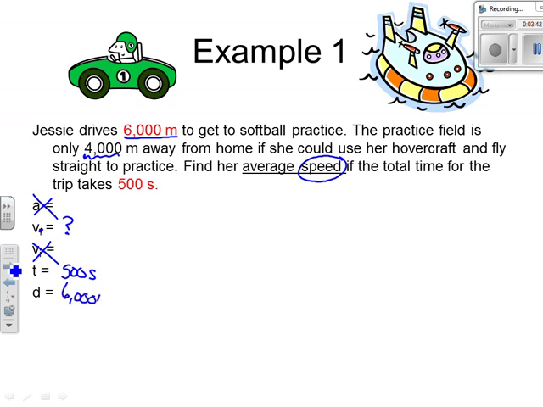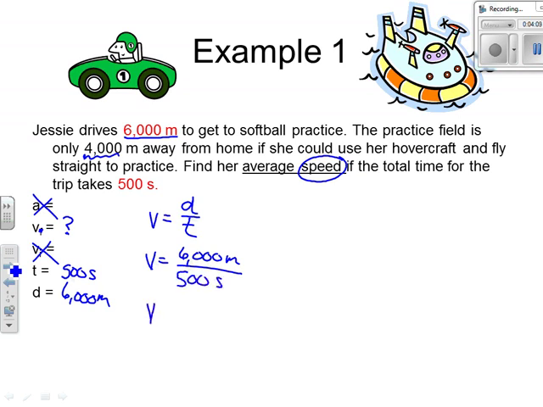So, Ms. Crow, what equation am I going to use that has V, T, and D in it? I'm going to use V equals D over T, which can be found on the cheat sheet of science. So what am I looking for? I'm looking for V, so I keep V there. My distance is 6,000 meters, and my time is 500 seconds.